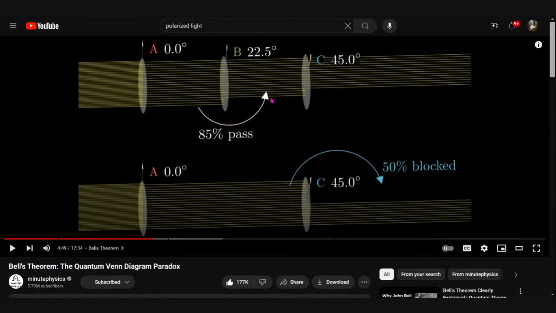Theoretically, 85% passed. Now another 22.5 degrees. We know it should end up being 50%, because this is 50%, this is 45. 45 must be 50%. How does this work?